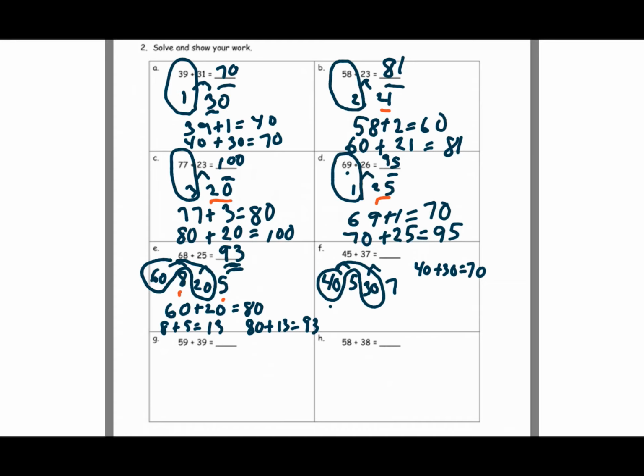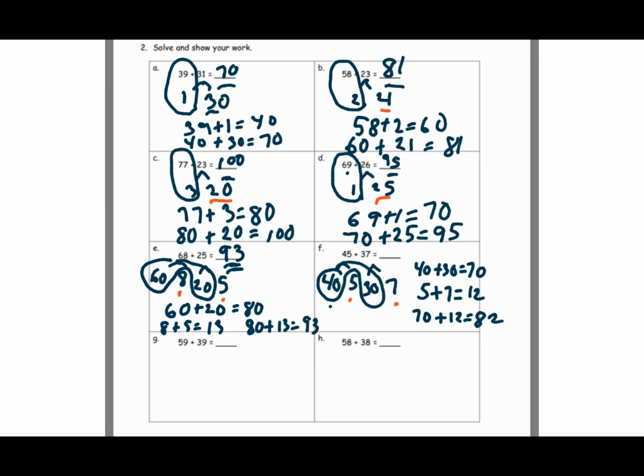And then, boys and girls, you notice I still have my 5 and my 7 here. So I need that number sentence. 5 plus 7 equal to 12. So my final number sentence is 70 plus 12 is equal to 82.